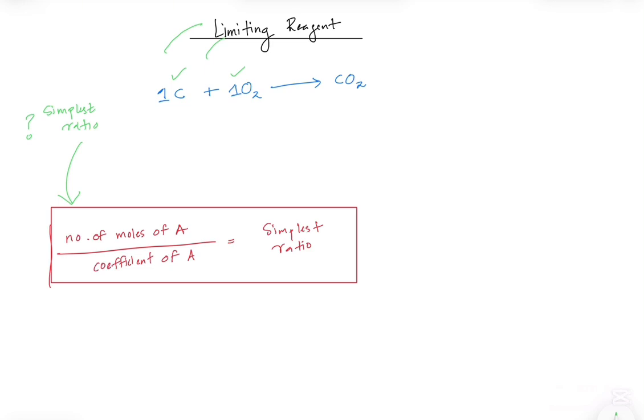Now think of the question saying carbon is 5 mole and oxygen is 2 mole. To find the simplest ratio, we have to know the number of moles of A. Here A is carbon, so the number of moles of carbon is 5 mole divided by the coefficient of A. What is the coefficient of A? 1.